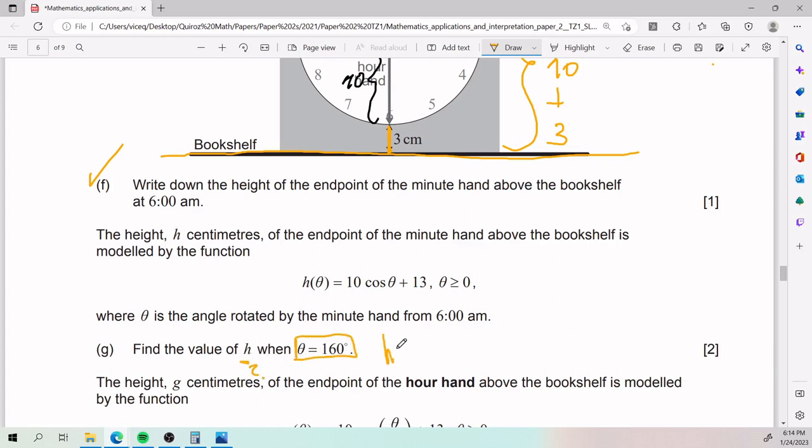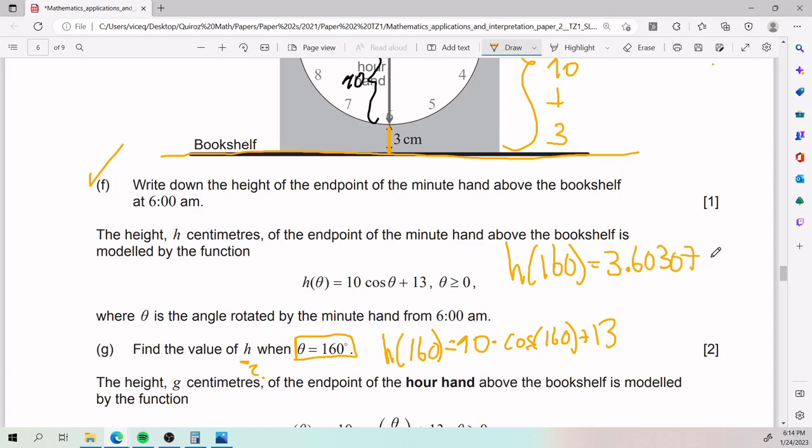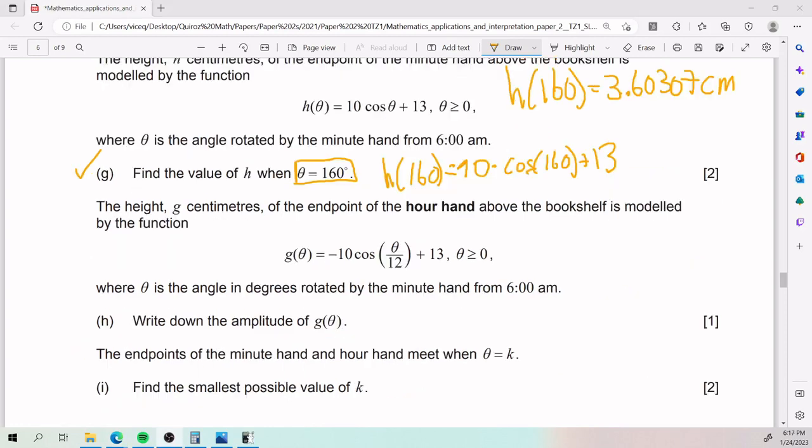So h when theta is 160 will be this. 10 times cosine of 160 plus 13. It's literally that. So h when theta is 160 is going to be 3.60307, do not forget the units, centimeters. So again, part G was simply just plugging in.